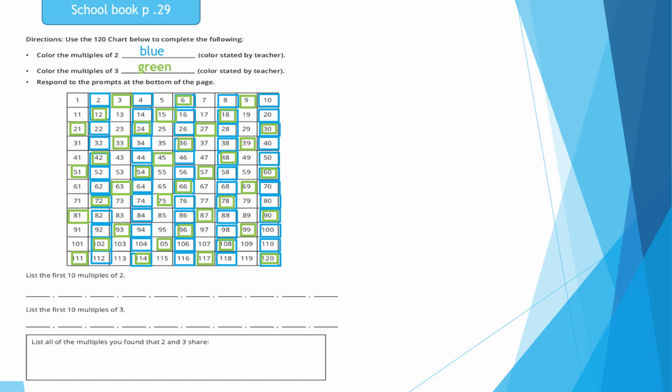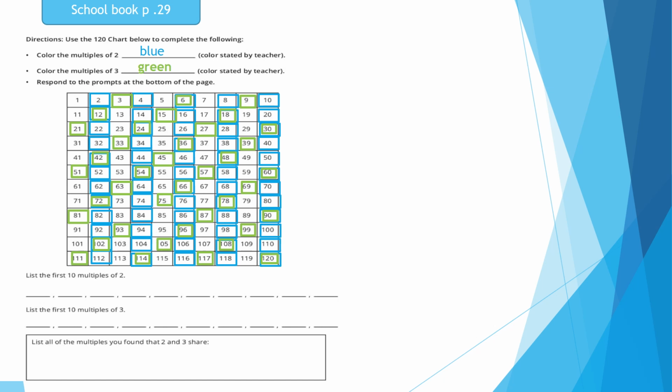First, multiples of 2. We said that multiples of 2 are always even numbers. So we will take them as columns. The first column is 1, and after 1 come 11, 21, 31. All of these are odd numbers. I want just even numbers. So I will take the column that starts with 2: 2, 12, 22, 32, 42, and so on.